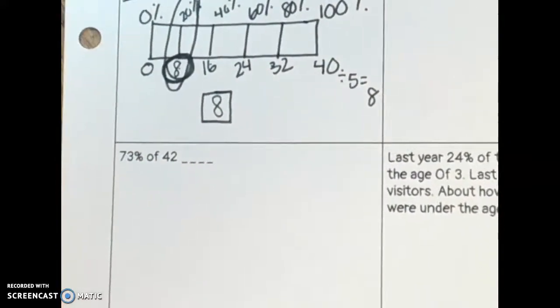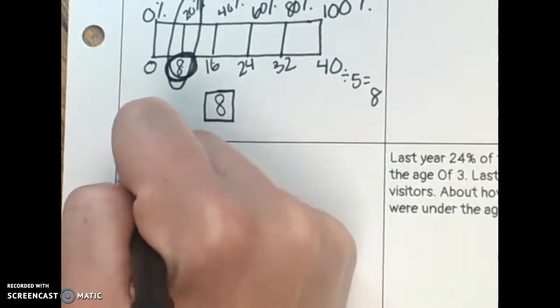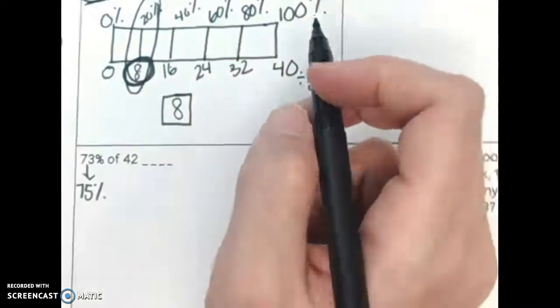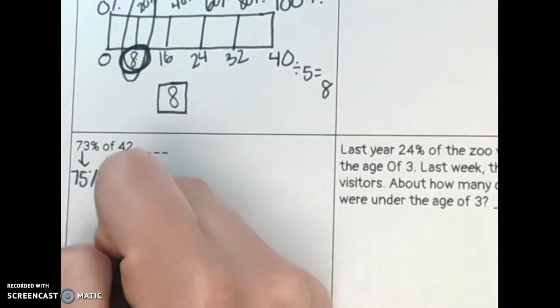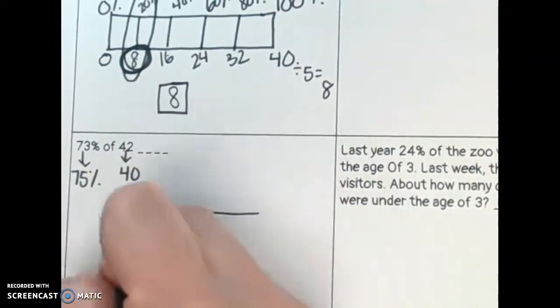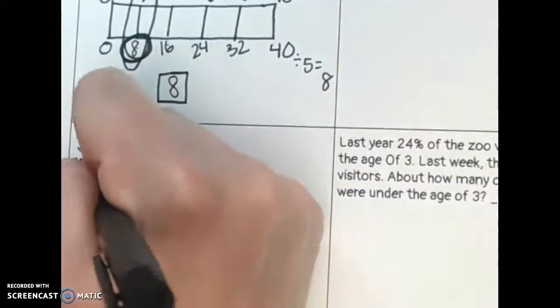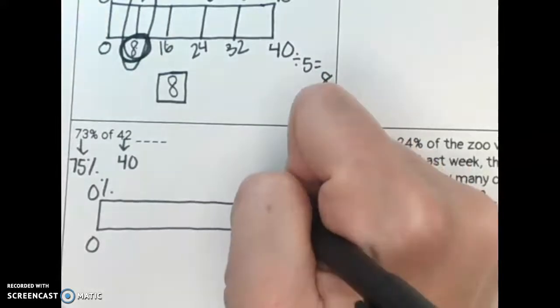Our next one, 73%, is close to 75%. 42, just like in the last one, it was 42. We're going to change it to 40. We're going to draw our bar. We start with zeros. On the top, we have a 0%, and we're going to go to 100%.